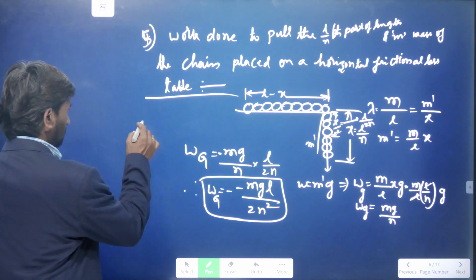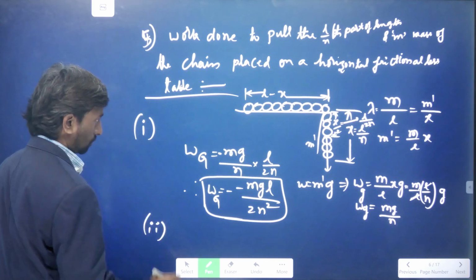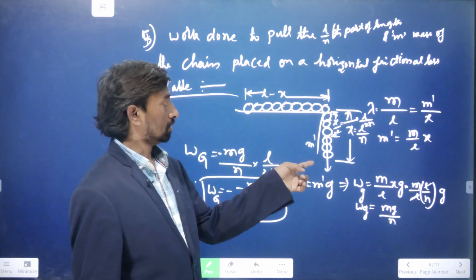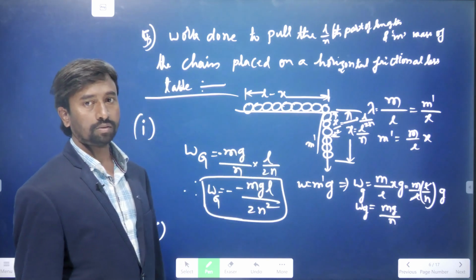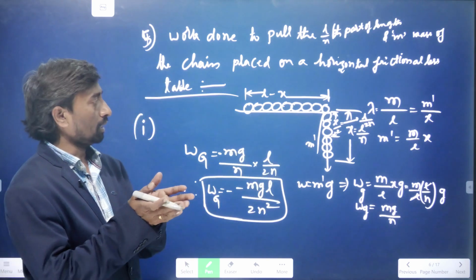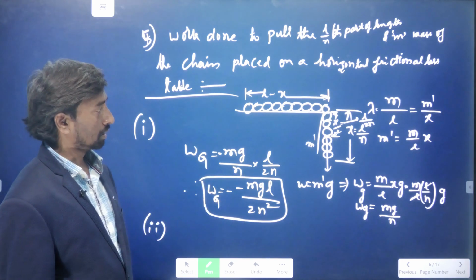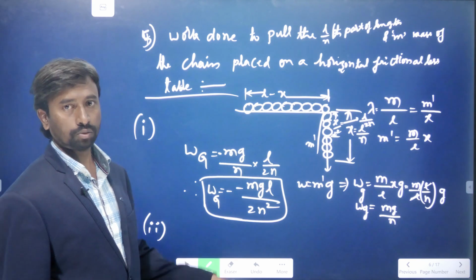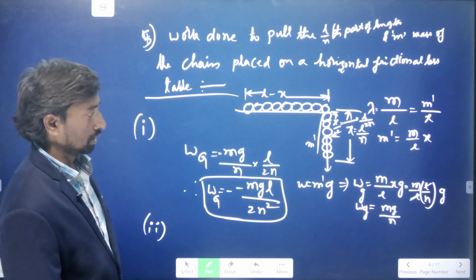You consider this the first case, and here we can add the second case. So from the part of the chain which hangs over the edge, a certain amount of the length has to be pulled. Okay, let us consider L by n1th part of the chain to pull onto the table, then work done.